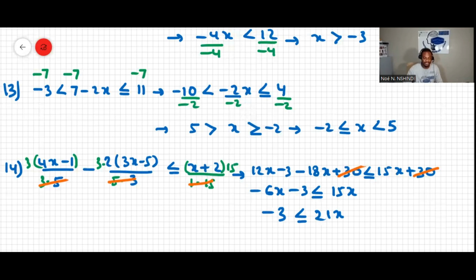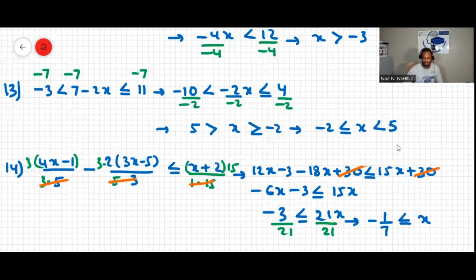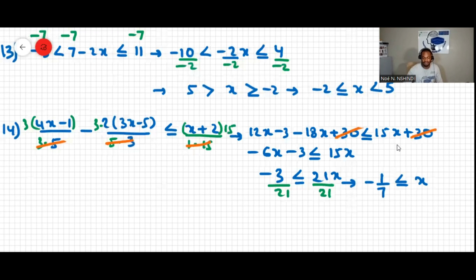So we can divide by 21 on both sides, and then this will make negative 1 over 7 less than or equal to x, or x must be greater than or equal to negative 1 over 7.